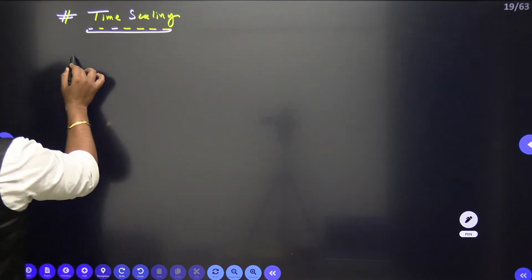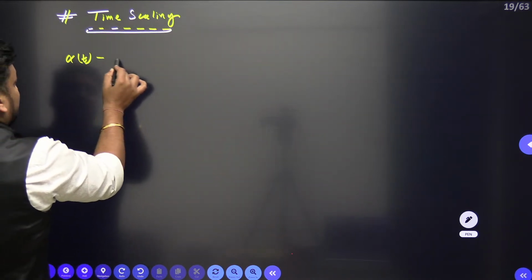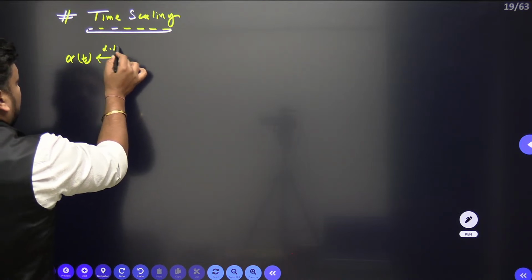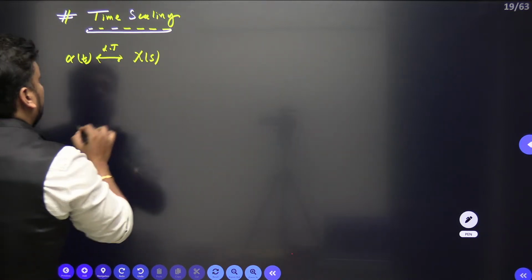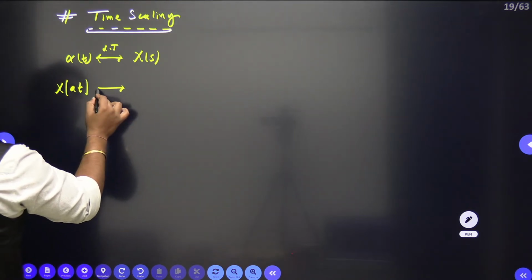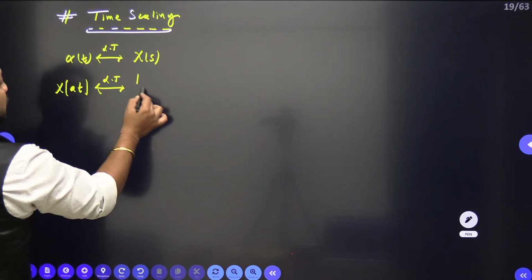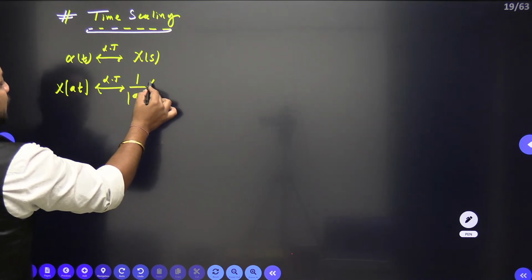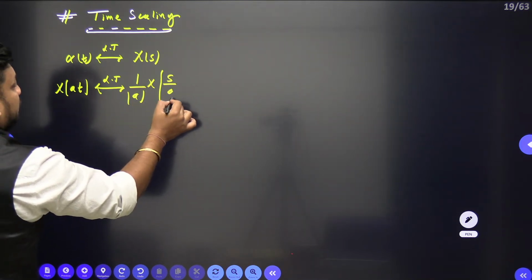It says that if x(t) has a Laplace transform X(s), then x(at) has the Laplace transform 1 upon mod of a times X(s/a).